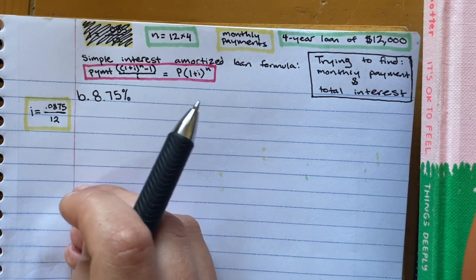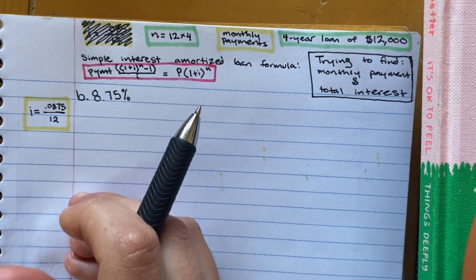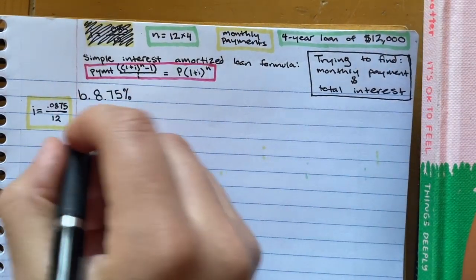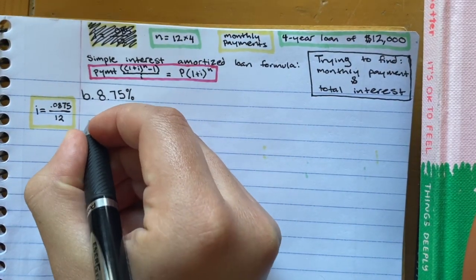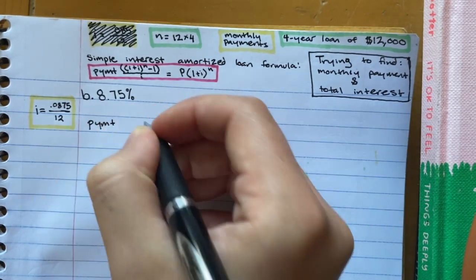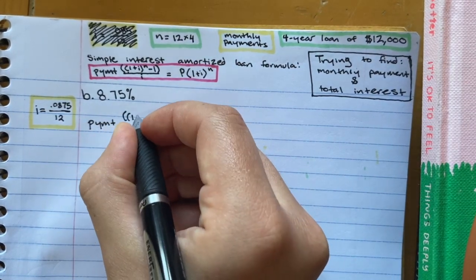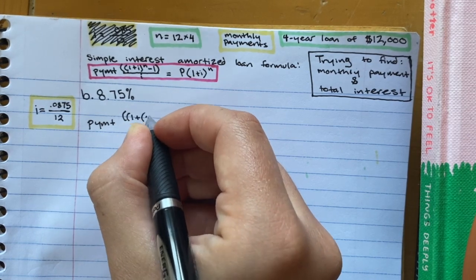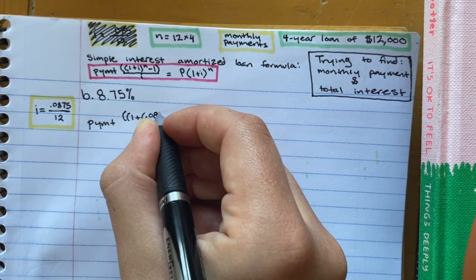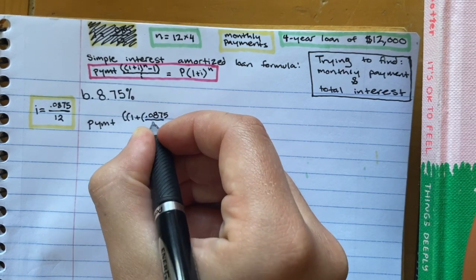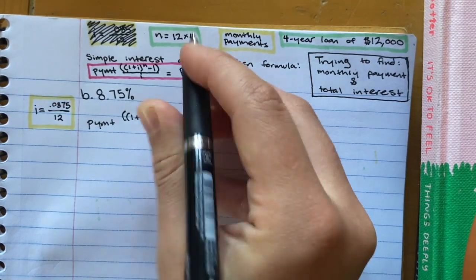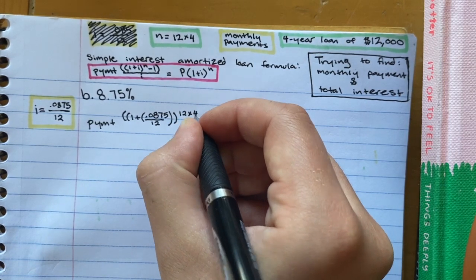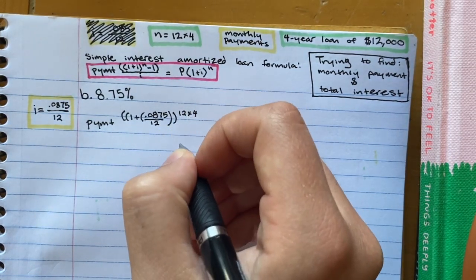Well, actually, we're not earning it, we're paying it to the bank. The bank is earning it, my bad. Let's plug some stuff in. So we're trying to find the payment. 1 plus I, we're going to use our new I, of 0.0875 over 12. We're using the same n of 12 times 4, because this is still happening every month for 4 years.